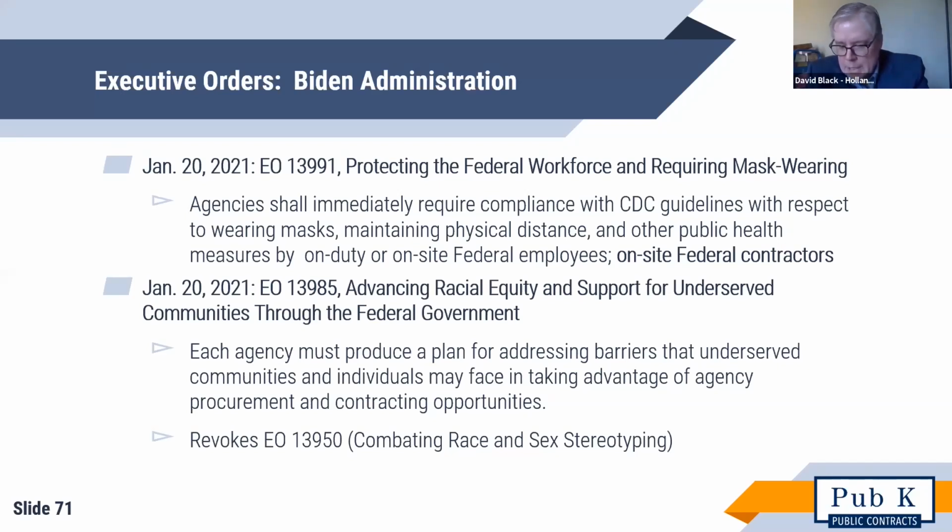Each agency is supposed to review and produce a plan identifying and addressing barriers that underserved communities and individuals may face in taking advantage of agency procurement and contracting. And buried at the bottom of this executive order is where they revoked the Trump executive order on combating race and sex stereotyping. Next slide.